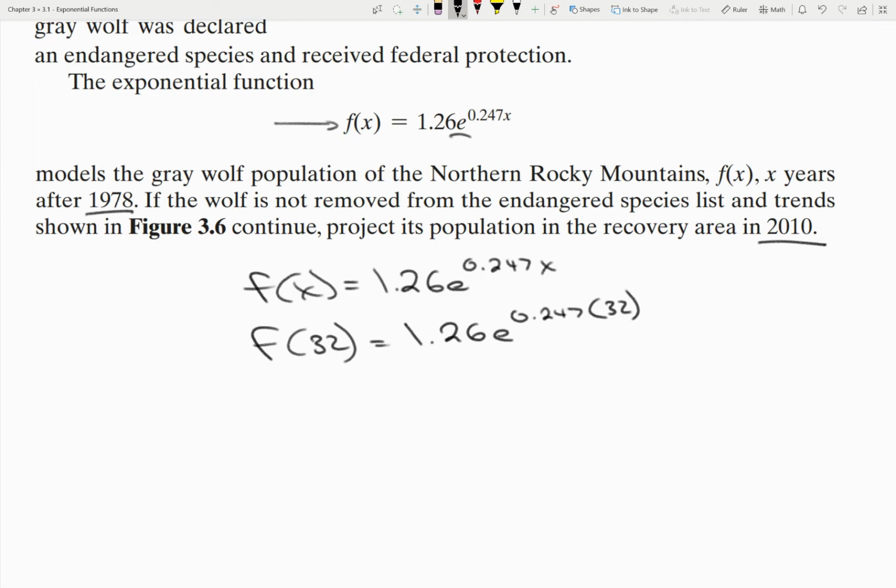Remember that parentheses come before exponents, right? So you're going to have to multiply these two together first, then e to this power, and then multiply by 1.26. Hopefully your calculator gets that, and you should get about 3412. Okay? And then some decimals, but we can just round that down.